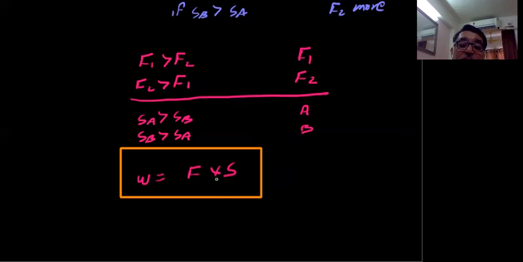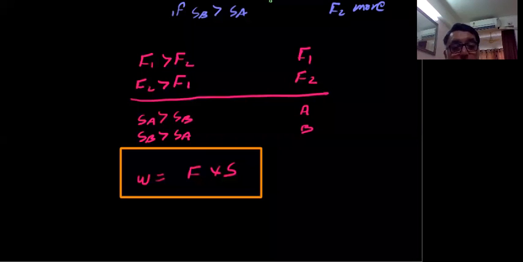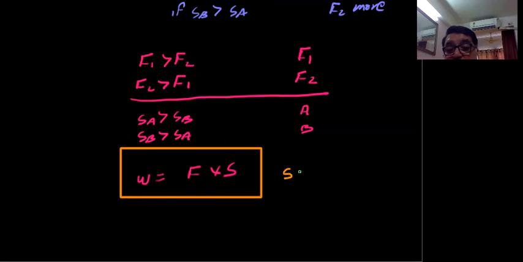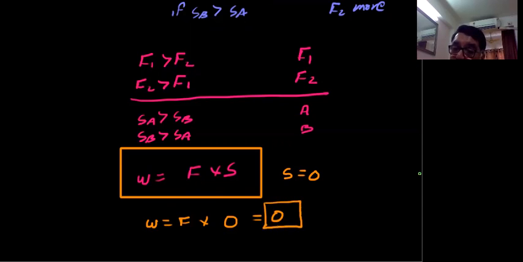So from that we get an equation: work equals force multiplied by displacement. If displacement equals 0, then work equals F multiplied by 0, which is also equal to 0. So if displacement is 0, work done is also equal to 0.